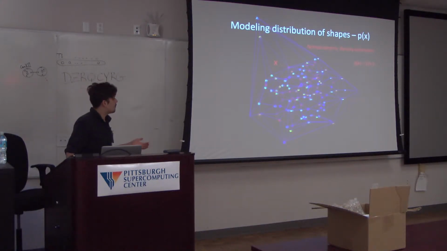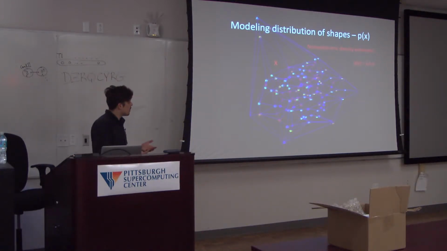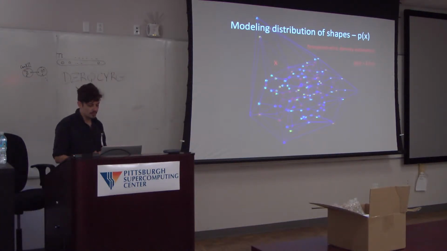There's a nonparametric density estimation method, such that any space between cells has the same amount of probability mass, such that the density in more populated regions is higher, and density in more sparse regions is lower.